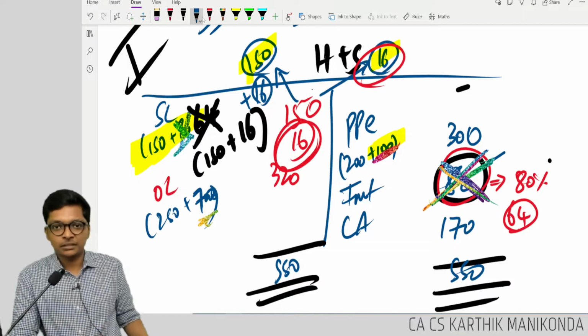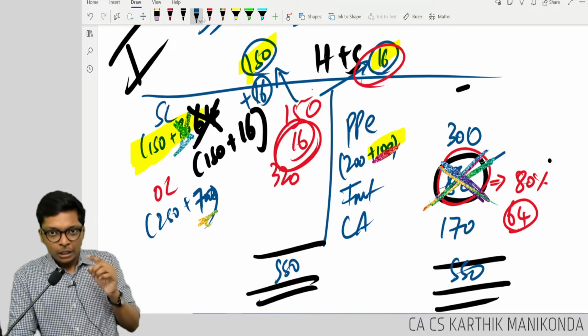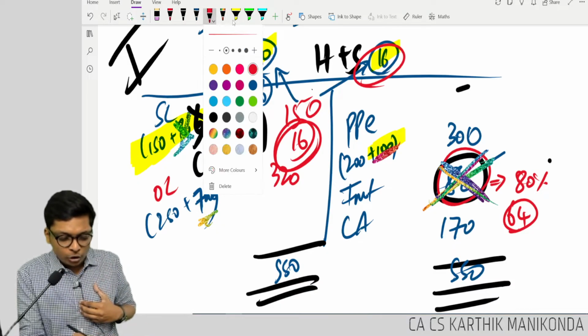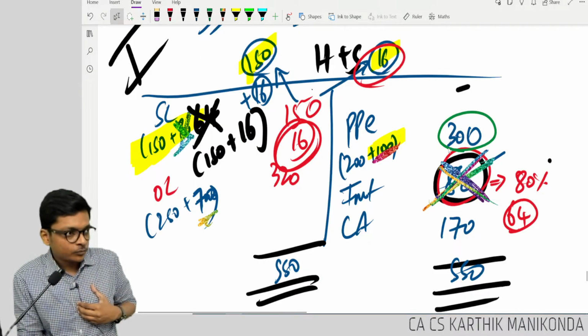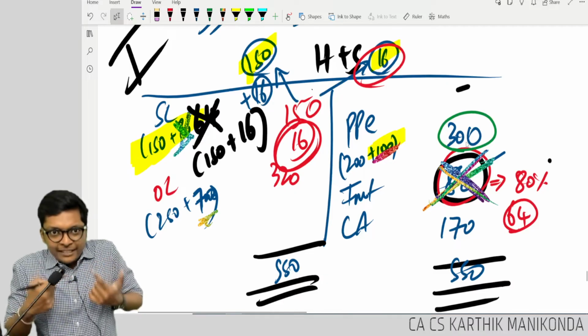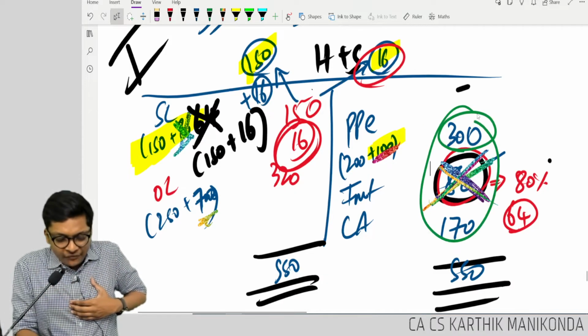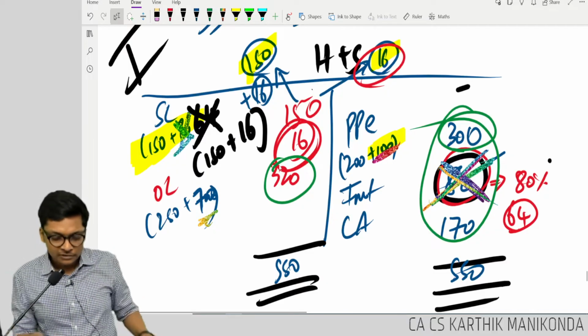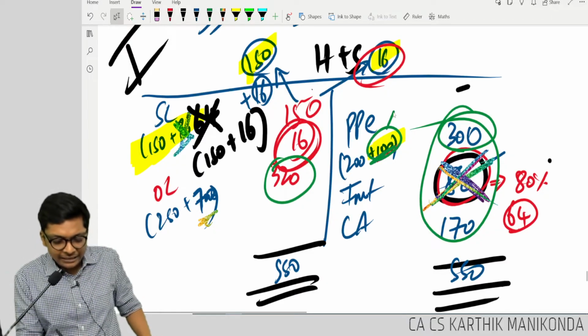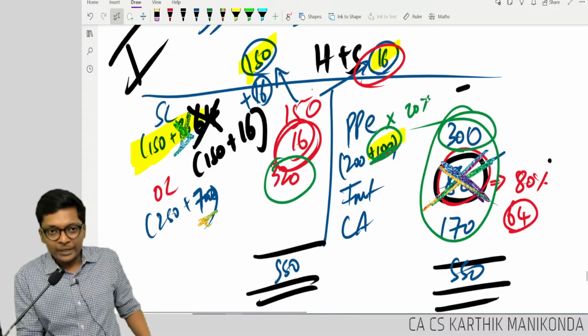What is that, guys? Coming to the core logic over here, can we find out that part of assets and liabilities which is not mine? Here, in the 100, what is not mine? 20%, correct?